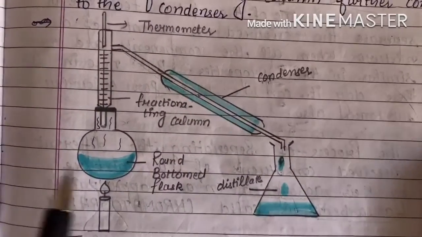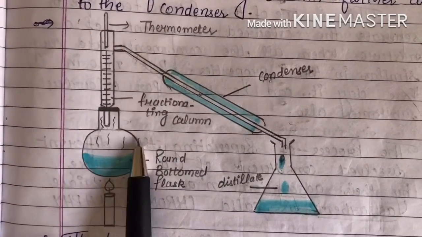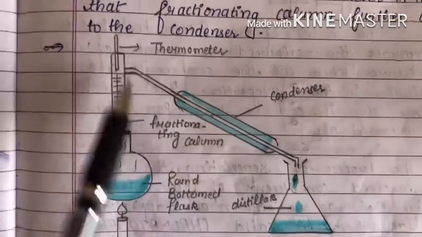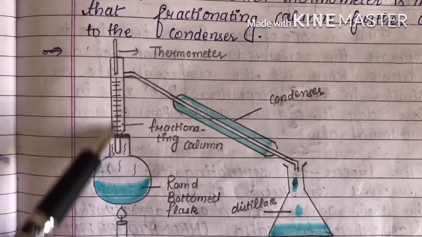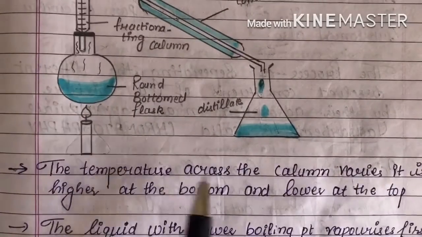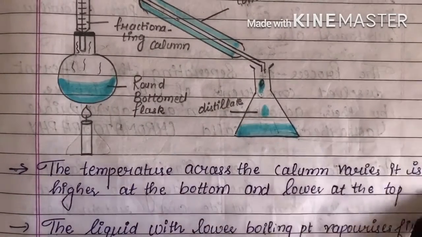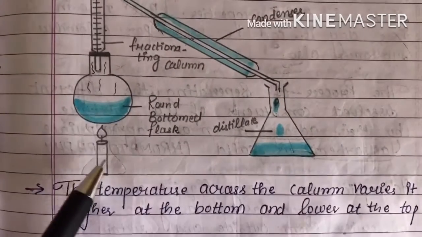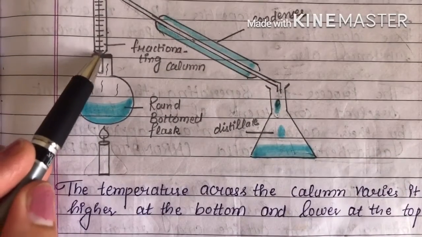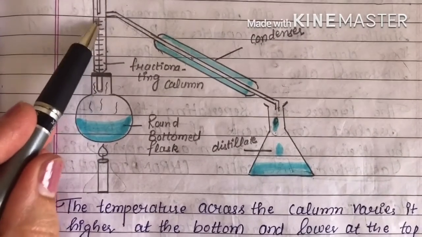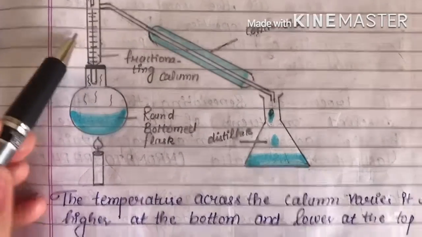This is a round bottom flask, the distillation flask, fitted with the fractionating column, and here the thermometer is inserted. The temperature across the column varies. It is higher at the bottom and lower at the top. Here we apply the heat. So the temperature at the lower level is high and at the upper level is low.